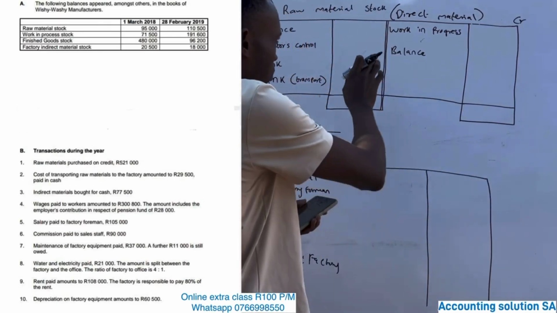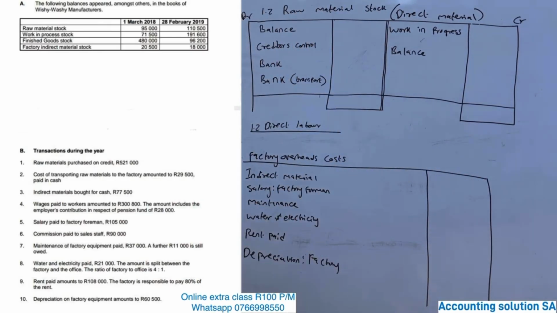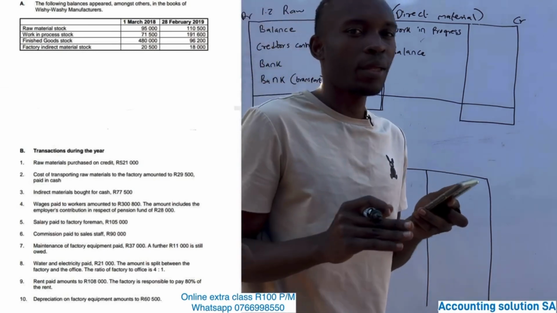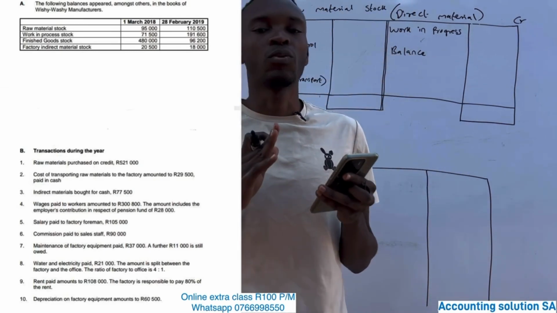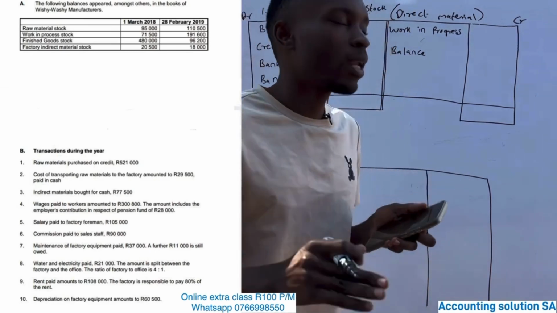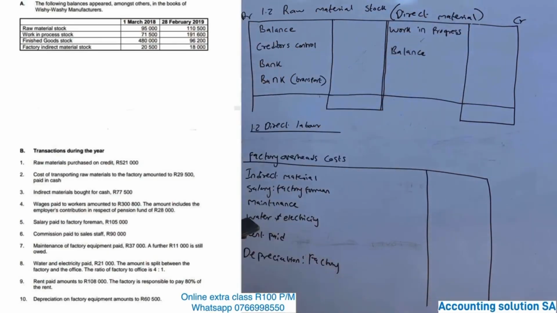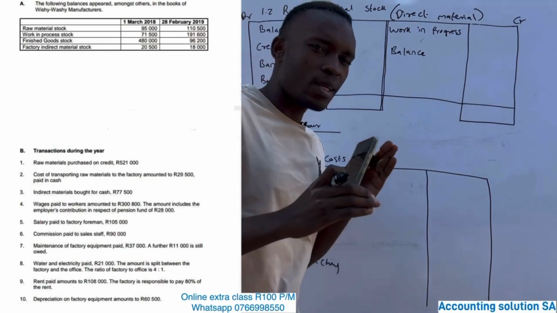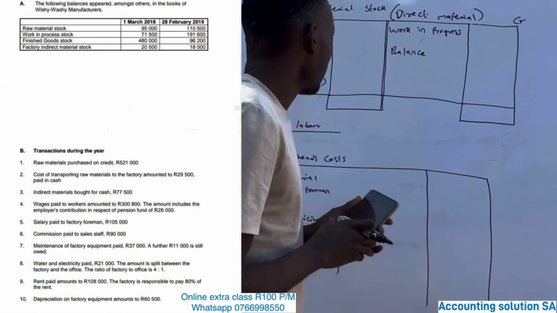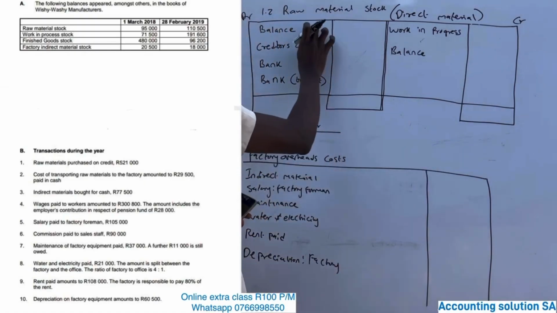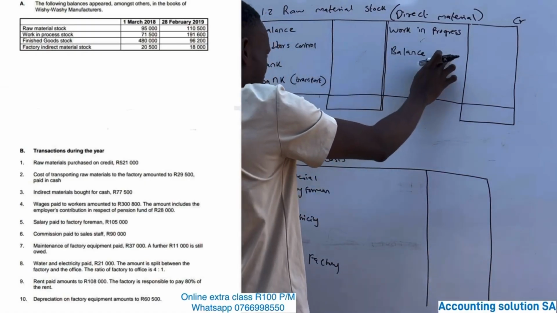Now let's focus on this one. Okay, guys, every time when you are dealing with a manufacturing account, just know that opening balances are on the debit side, closing balances are on the credit side, and make sure that you know this format, because this format does not change. Okay, in other words, this is the opening balance, this is the closing balance.